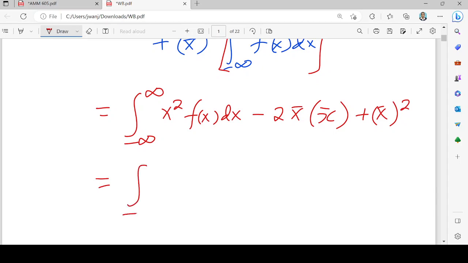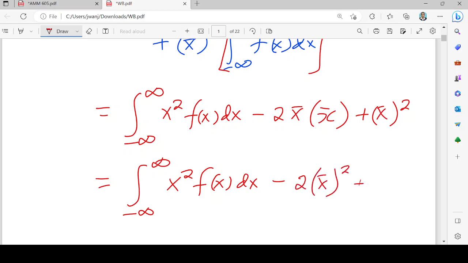We write the integral from minus infinity to positive infinity of x squared f(x) dx minus 2 x bar squared plus x bar squared.